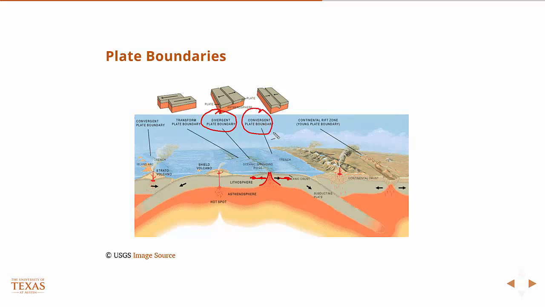Convergent plate is where two plates are coming together. Okay, and then you typically have one plate subducting under the other. So if you can't read that, that's subduction.